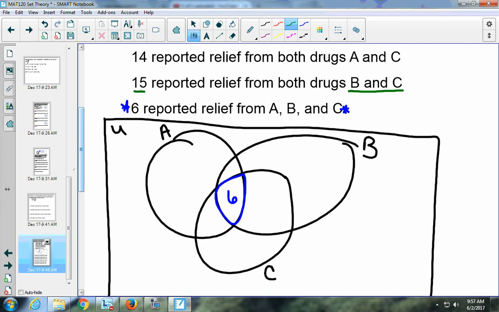Now, it's very tempting to just put the 15 here in the overlap between B and C, but that is wrong. We do not want to do that.